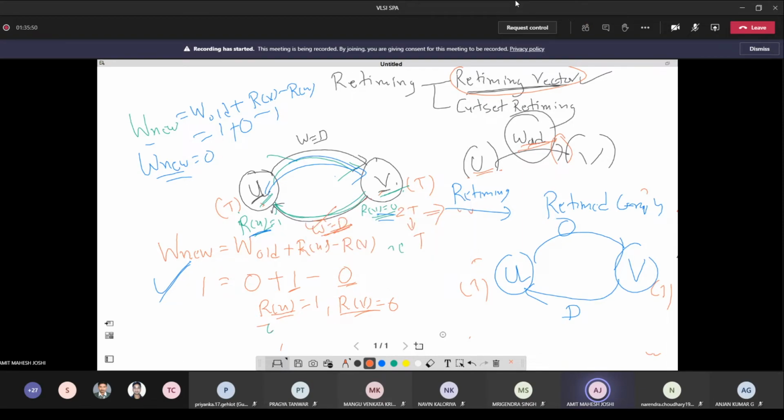Now the critical path is U2V. But the critical path delay is twice T only. This gets changed, but it is still twice T. That means it doesn't get changed. So this just supports what I claimed initially: in a loop, the number of delay elements would remain the same.